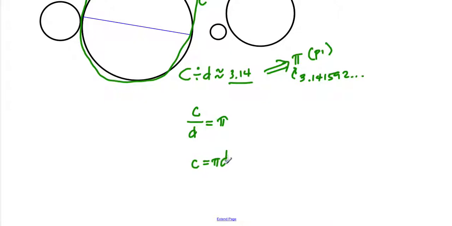So if I want to find my circumference given my diameter, I would simply have to multiply pi d, or diameter times pi would give me my circumference.